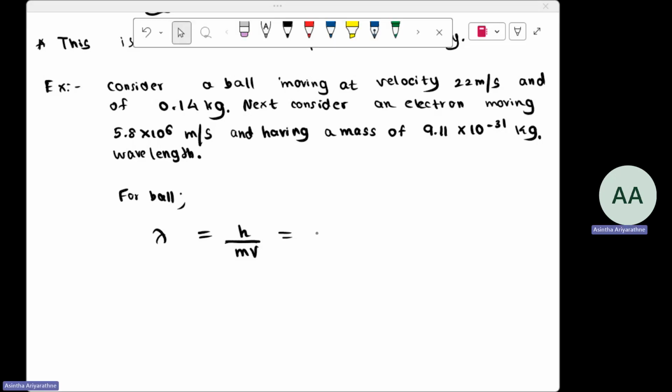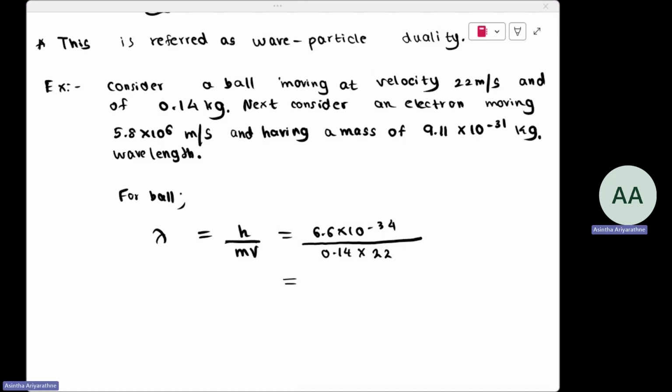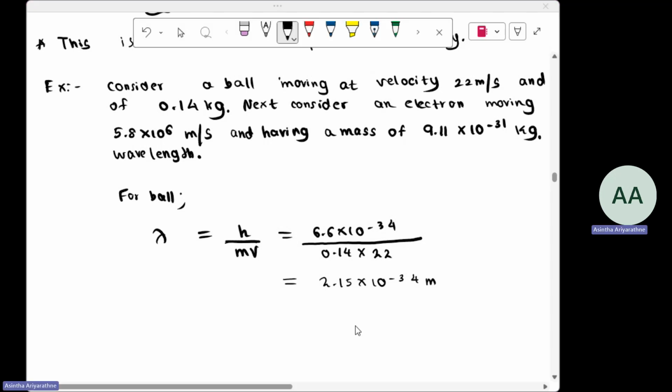The value of the Planck constant is 6.6 times 10 to the power minus 34, divided by m, which is 0.14, times 20. Right, so the answer we get is 2.15 times 10 to the power minus 34 meters.